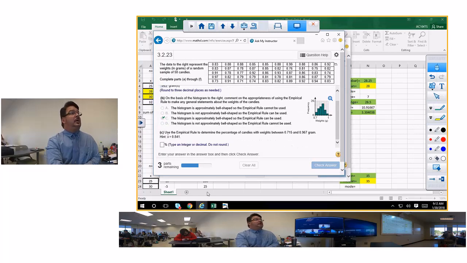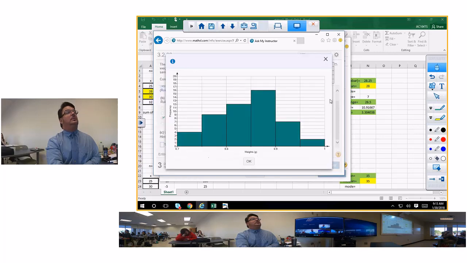I hate these 5-part questions, or however many parts this thing has. 3 remaining? That's ridiculous. Use the empirical rule to determine the percentage of candies with weights between 0.72 and 0.97. All right, 0.72 and 0.97. You have to blow this thing up. 0.72 would be right in here.